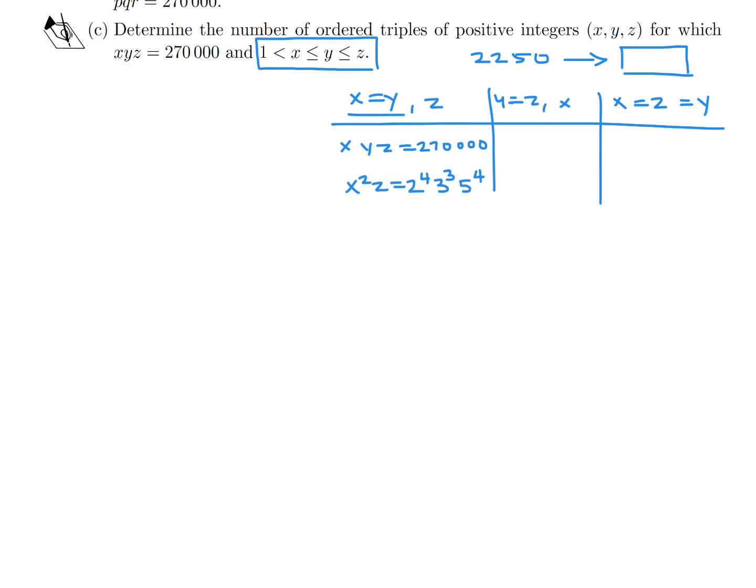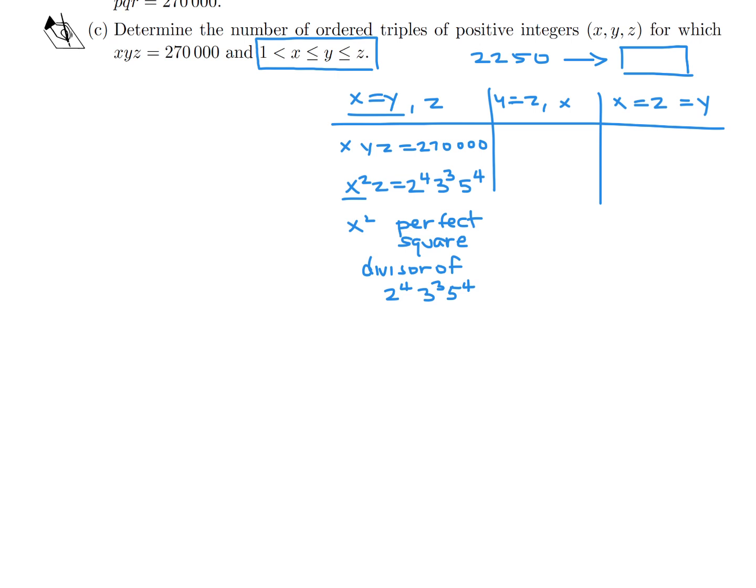So this x squared, I'll just write it here. It's a perfect square, right? And it would therefore be a divisor of this 2 to the power of 4, 3 to the power of 3, 5 to the power of 4. You got it? So that is going to help us.